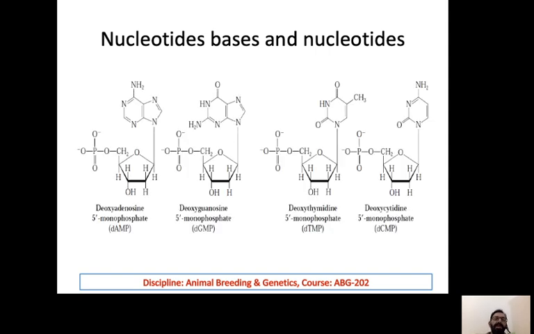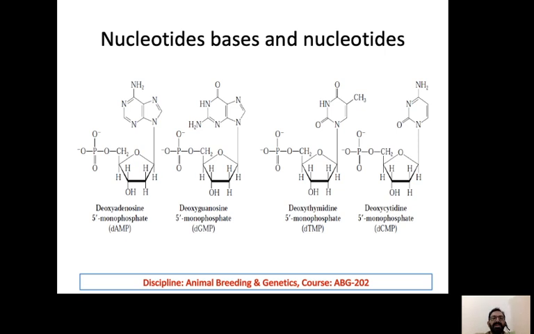Based on this basic structure, we come to the structure of each of the nucleotides: AMP, GMP, TMP, and CMP. That's called deoxyadenosine 5' monophosphate.